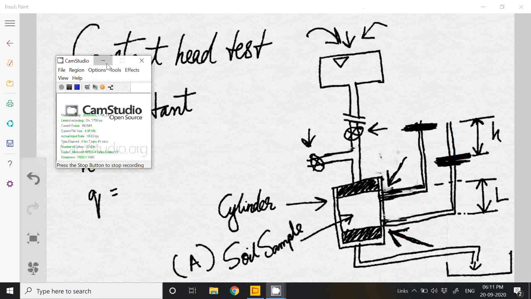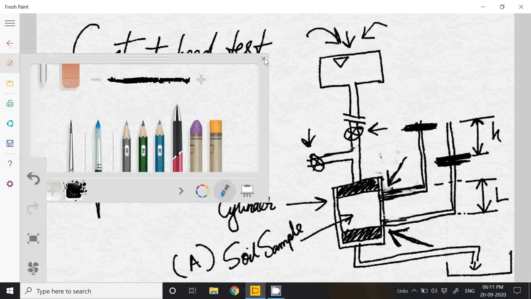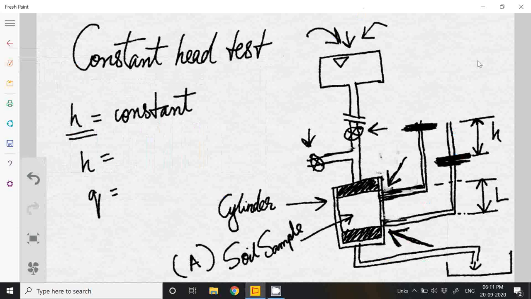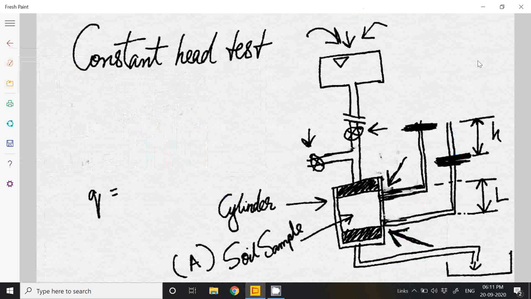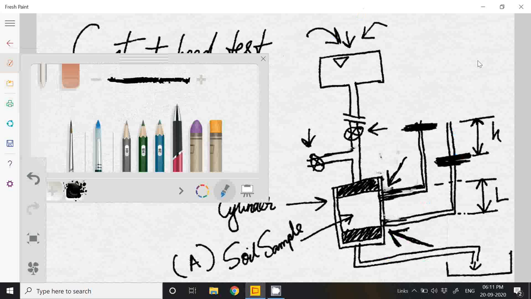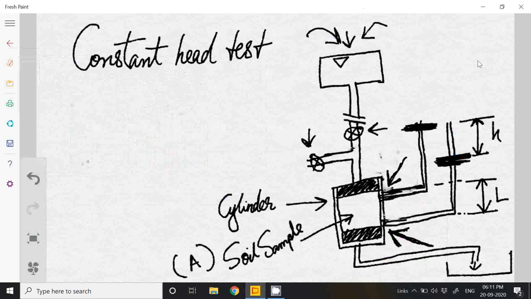So let us see the equation. Q is equal to KIA, we know. A is the area of cross section we get from the soil sample.